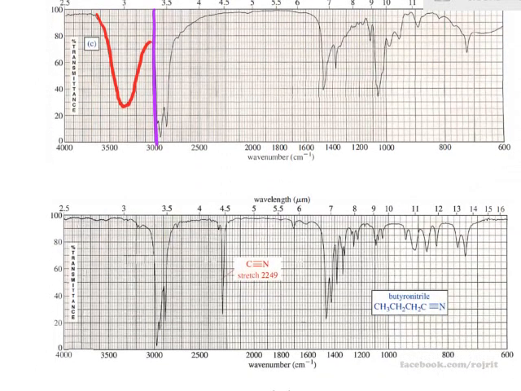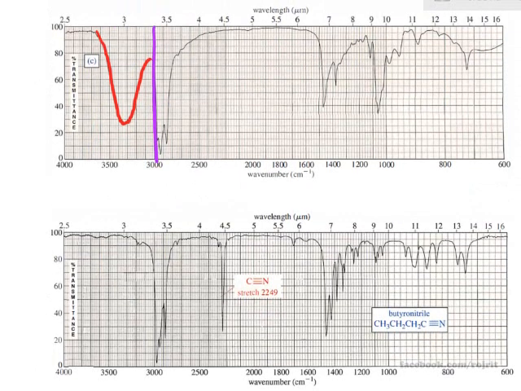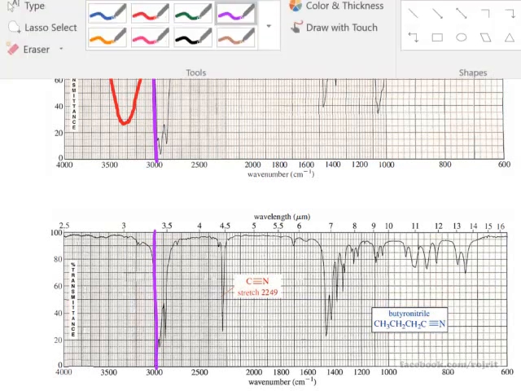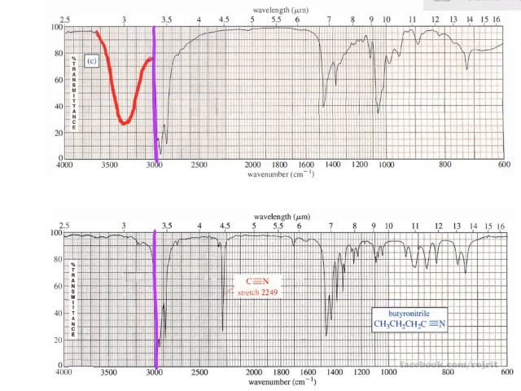Now, next, we come to the nitrile. As you can see, there is nothing beyond 3000, so this is saturated, only alkane, no alkene, no alkyne. But in the triple bond region, you can see a strong absorption of the triple bond.